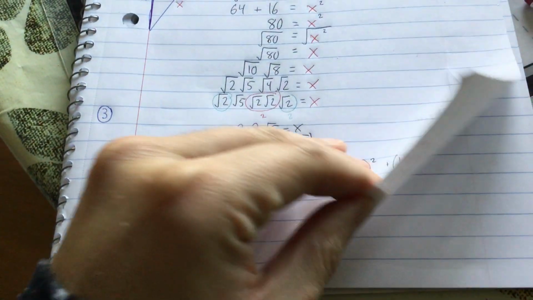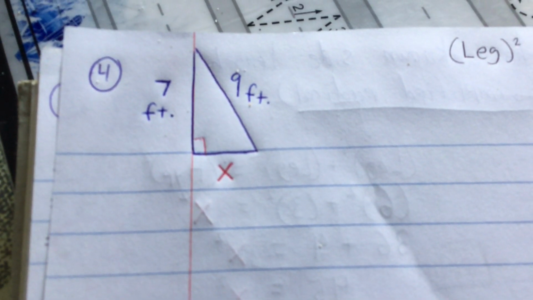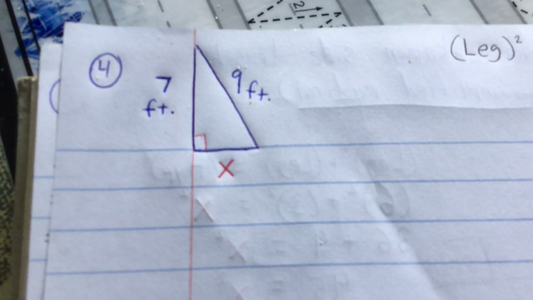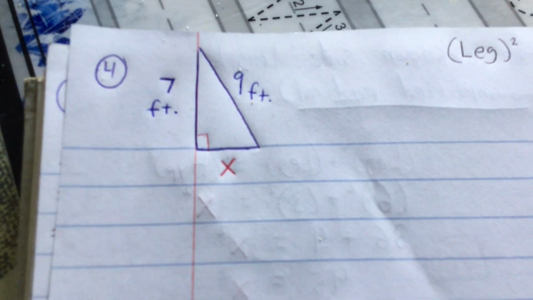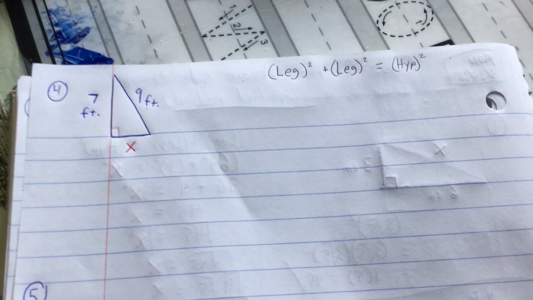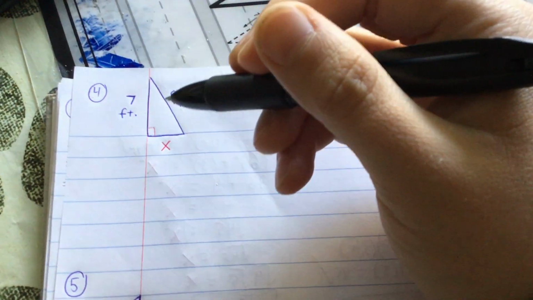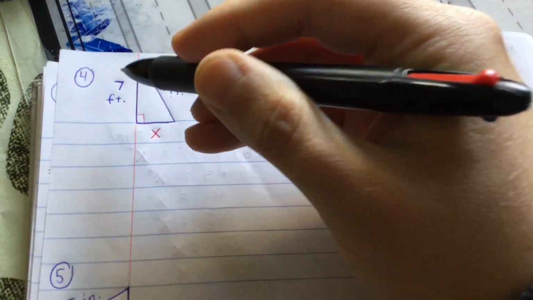All right, let's take a look at some problems on the other side now. What's different about problem number 4 that we don't have from 1, 2, and 3? Well, leg squared plus leg squared is equal to hypotenuse squared, but we know the hypotenuse and one of the legs.